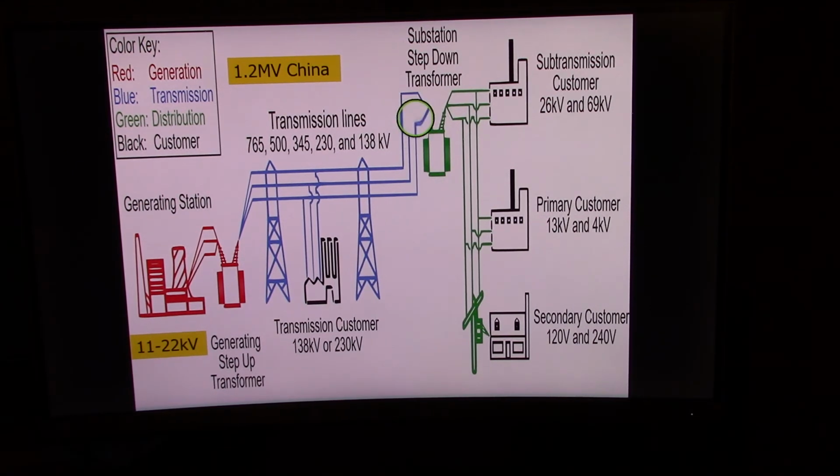So let's say it was transmitting power at 138 kilovolts. It will step it down to 26 like this, and then it will step it down further when it comes to the consumer itself. So this is like that, the transformer that you see on a pole.